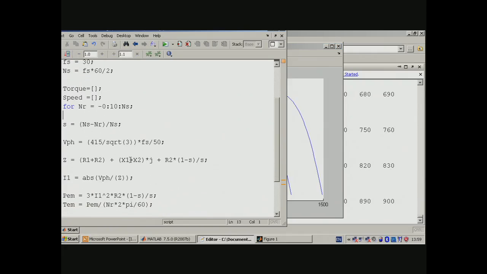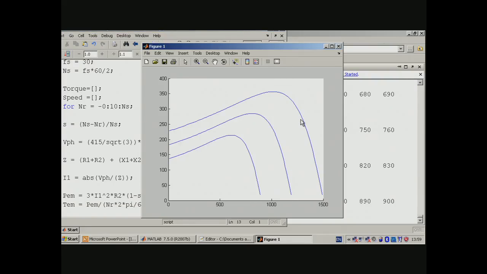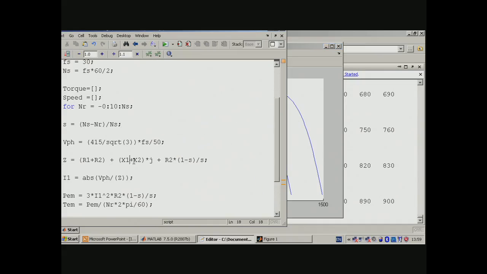So I made a mistake. Do you know why this profile is not the same as what I drew before? What I drew on the paper had similar peak torque values, but this shows it's reducing. These X values are a function of frequency as well, so we need to change those as well. This X value is for 50 Hertz, so that's like 2 pi F times the inductance.